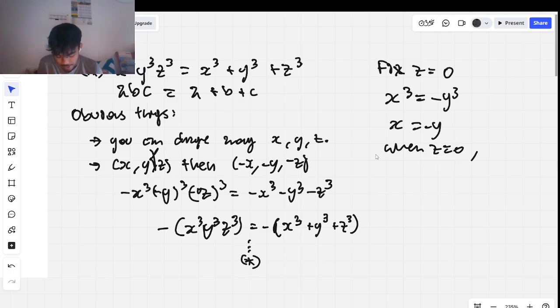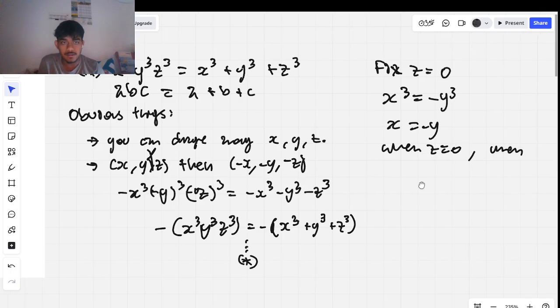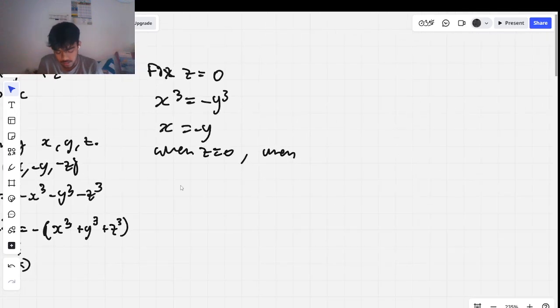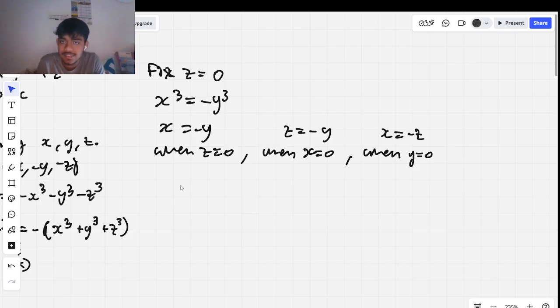Similarly, when x equals 0, you have this relationship, z is equal to minus x minus y. And when y is equal to 0, you have x is equal to minus z. Okay, that's actually quite helpful, I think. So I know where each axis is going to intersect.